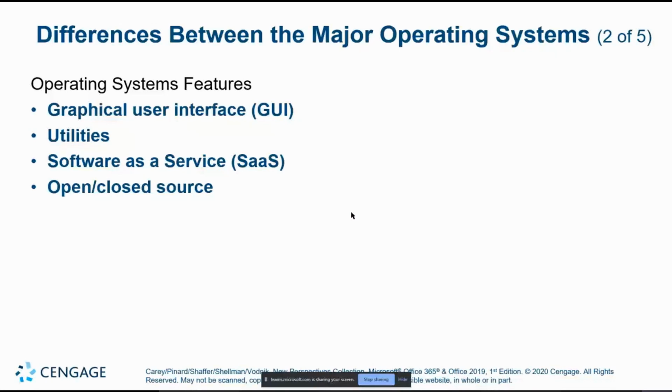That is all part of your graphical user interface. Most techies are going to call it a GUI for short, because techies like to pronounce acronyms no matter how forced it might be. Utilities, this can be your file management, whether that's Windows Explorer or Finder on Mac.